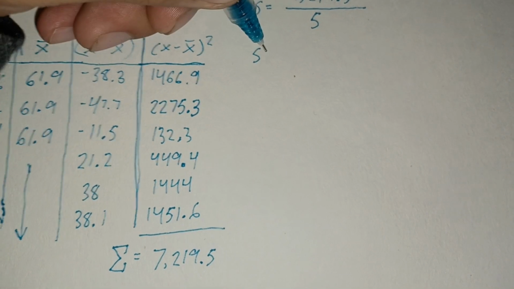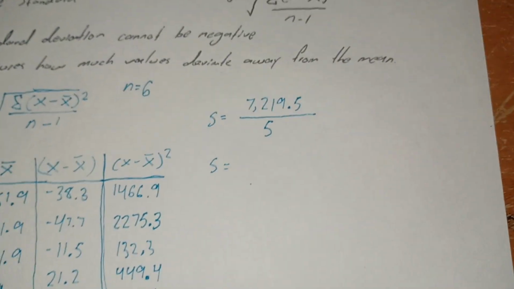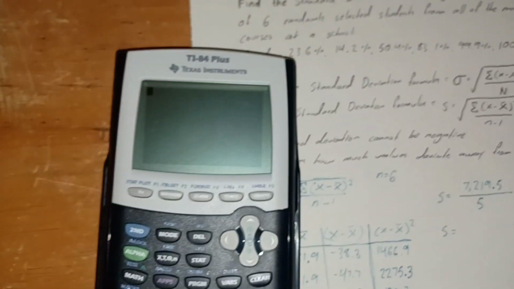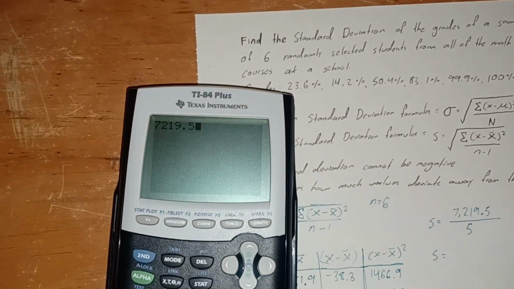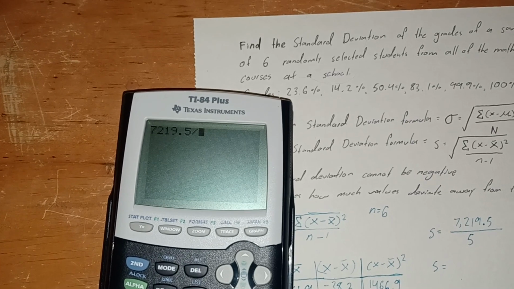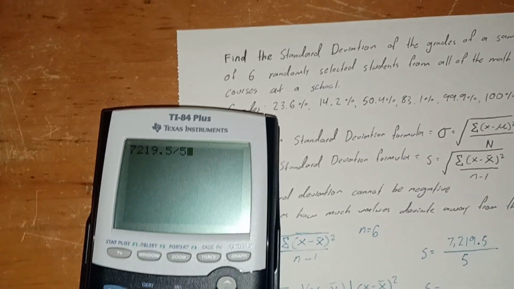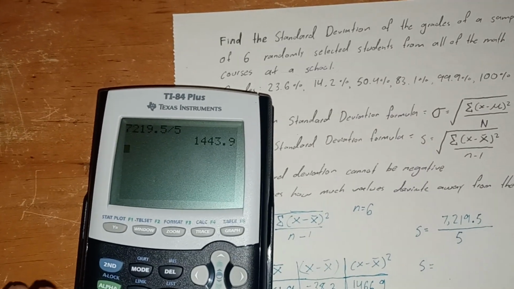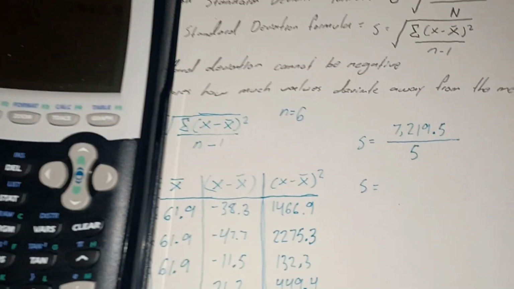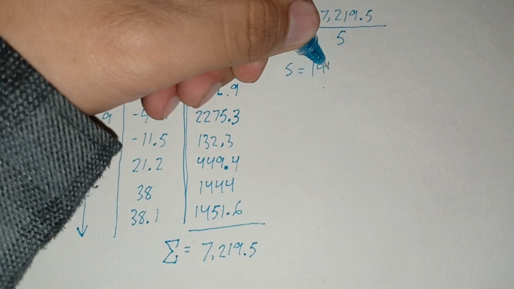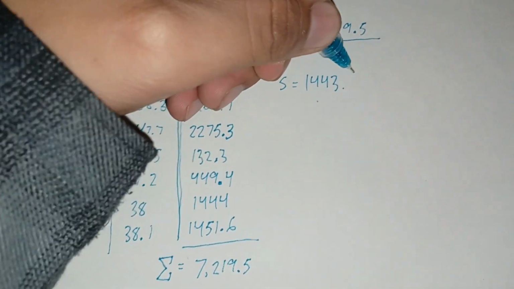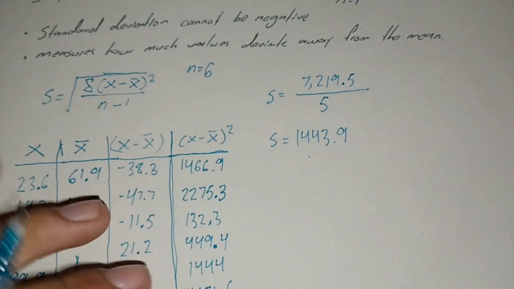So S equals, let's divide it. 7,219.5 divided by 5, because n minus 1, 6 minus 1, sample size minus 1, equals 1443.9. Just like that.